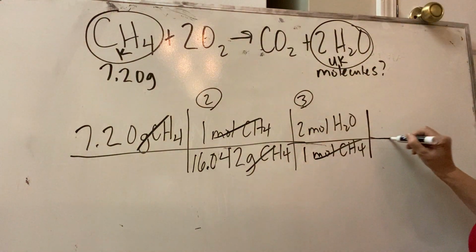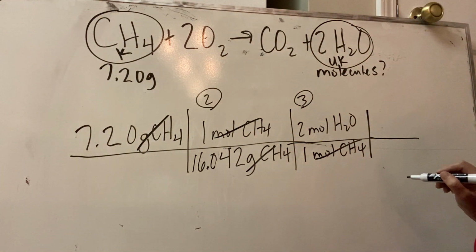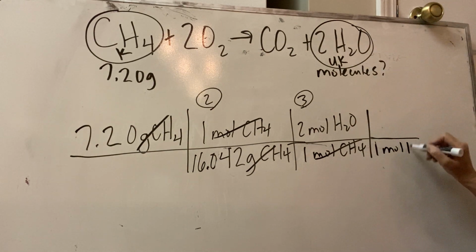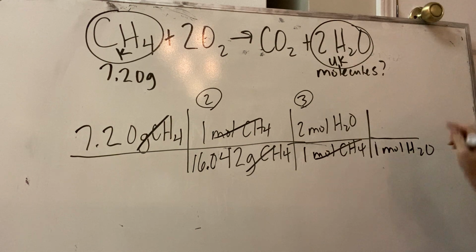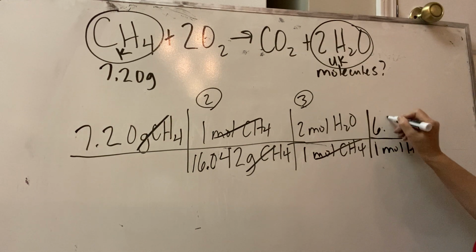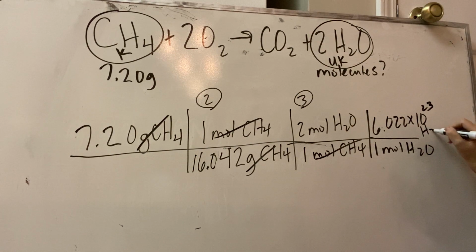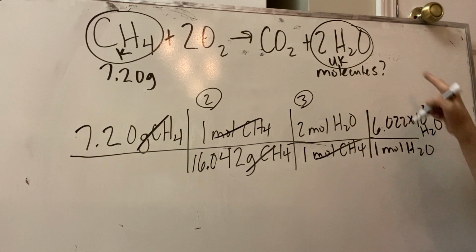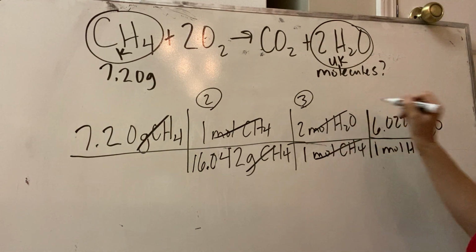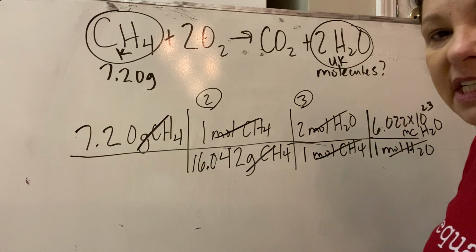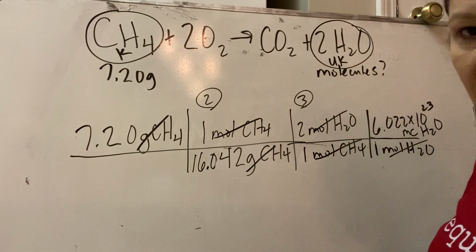It tells us to put the 1 mole of the unknown, which is the water, and then on the top, use Avogadro's number of the unknown, which is the water. Everything should cancel out except the molecules of the water. Remember, I use MC for molecules, just because.